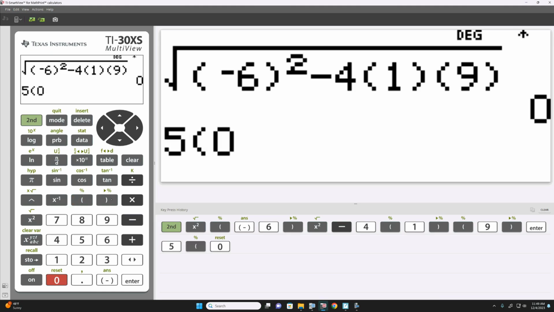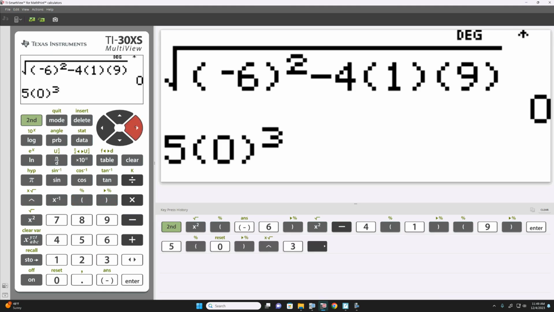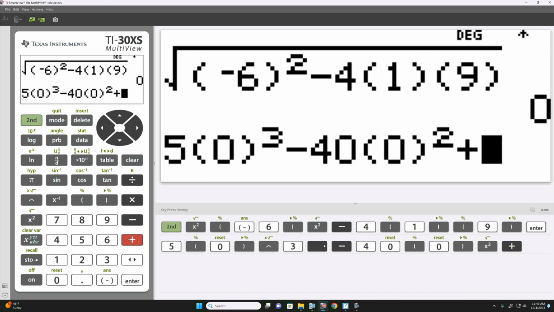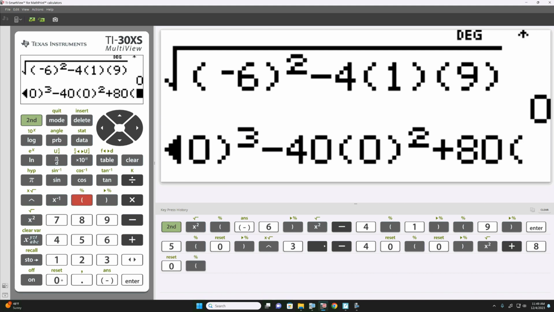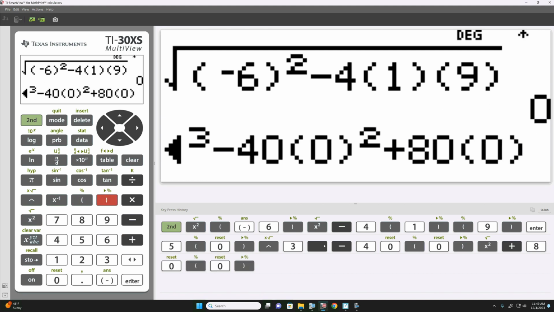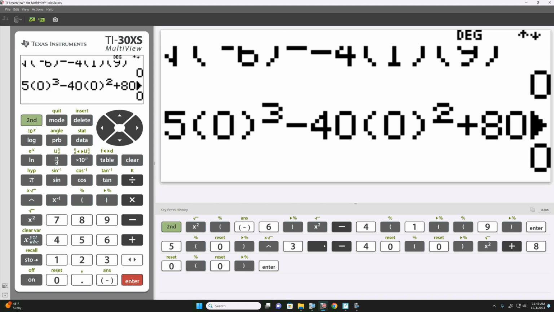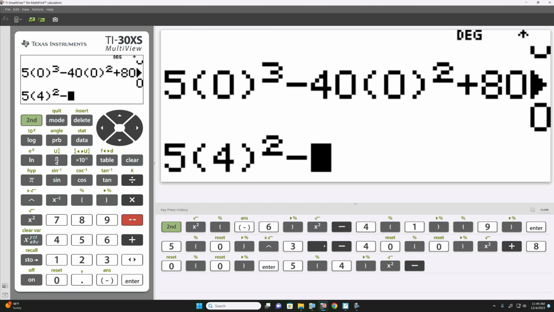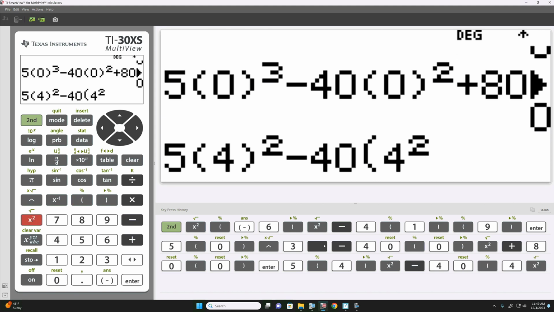Five times 0 minus 40 times 0 squared plus 80 times 0. We can type it in and see if this equals 0, and it does. We can do the same thing with 4.